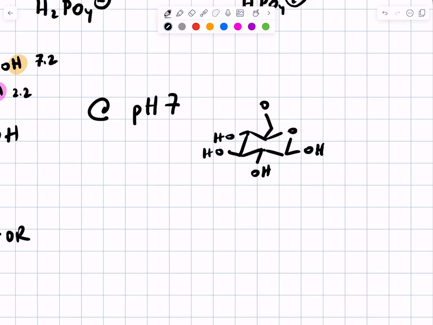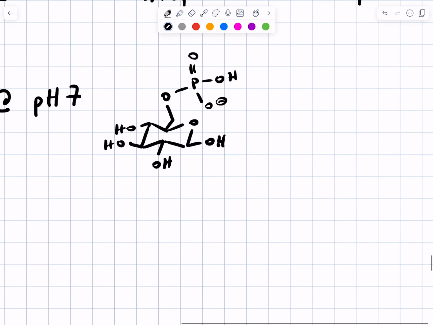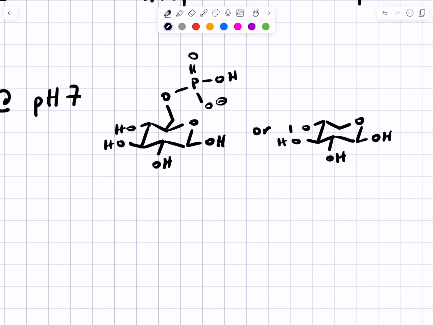Oops, gotta have the oxygen. It would be totally okay for me to draw it like this. It would also be totally okay for me to draw it like this because both forms are probably present at physiological pH in about a 1-to-1 ratio.